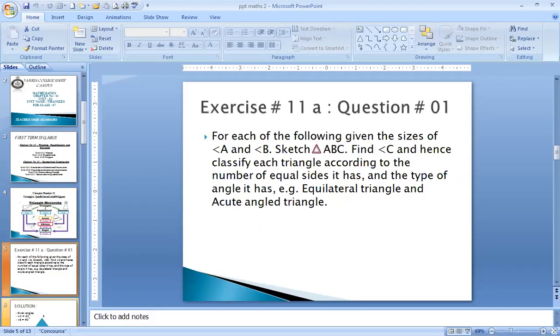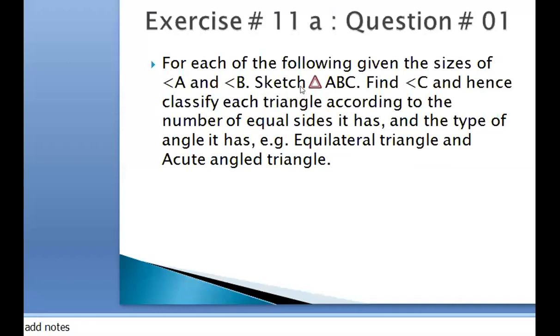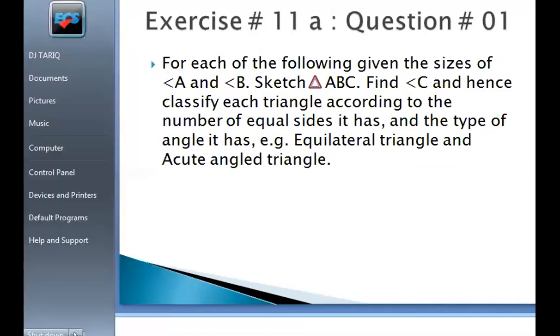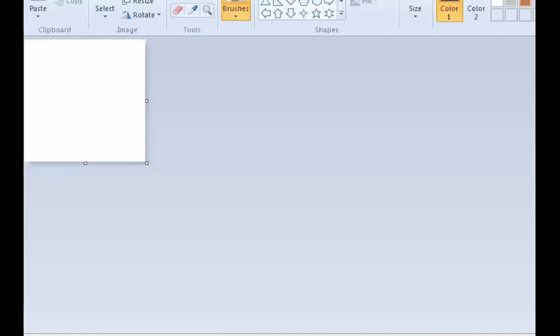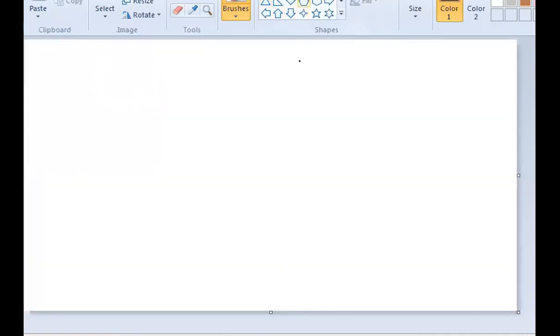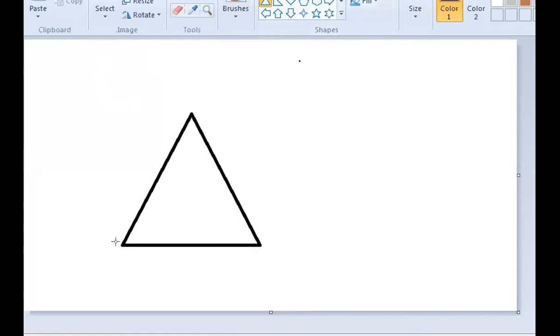So now I'm going to sketch triangle ABC. Okay, it's our triangle.